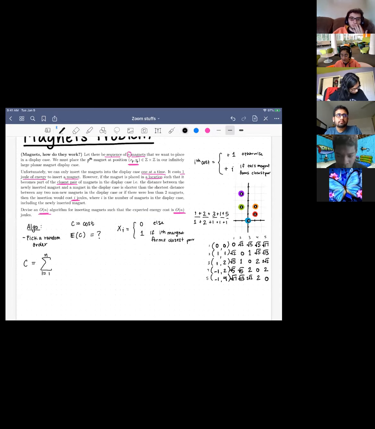So if we wrote it out in English first, our cost is +1 in one case, and our cost is +i in the other case. And the two cases here are if xi is equal to 0 and if xi is equal to 1. We can't really write if statements inside of our summation, though.